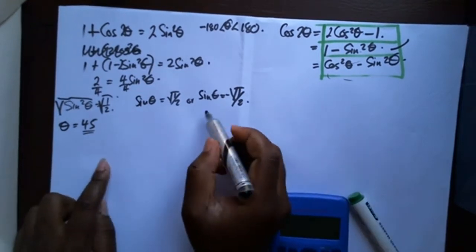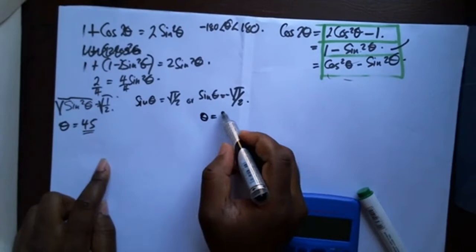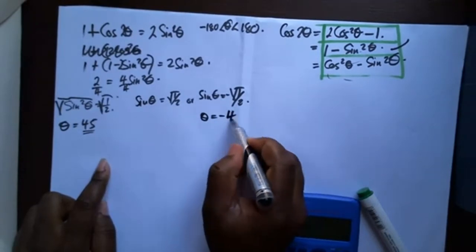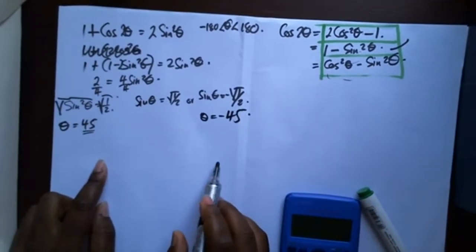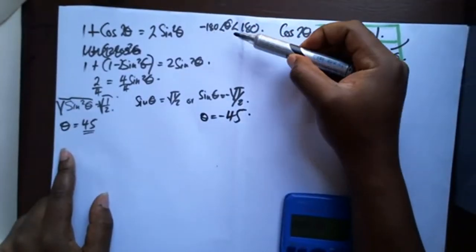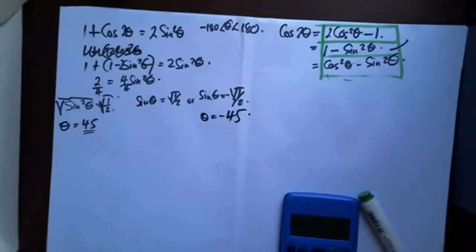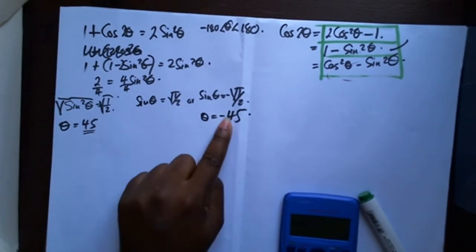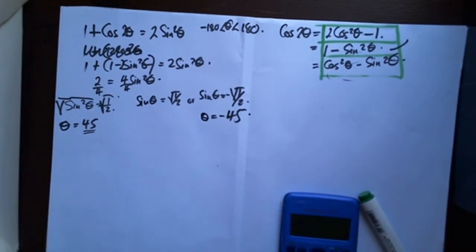So theta is equal to negative 45. Yes, it's negative 45, and it is correct, because it is within the range from negative 180 to positive 180. If we add 360 to this, it will not work.